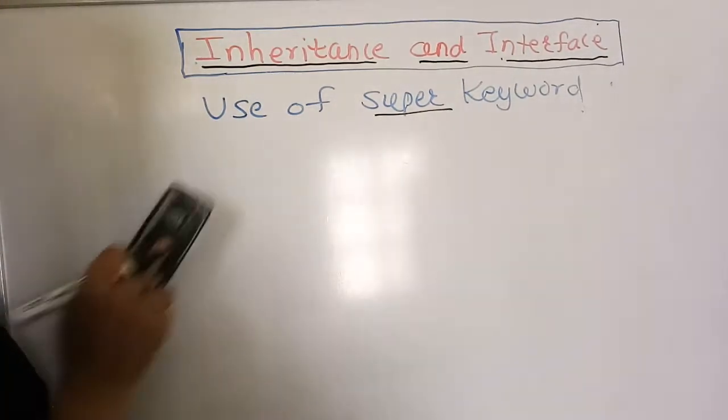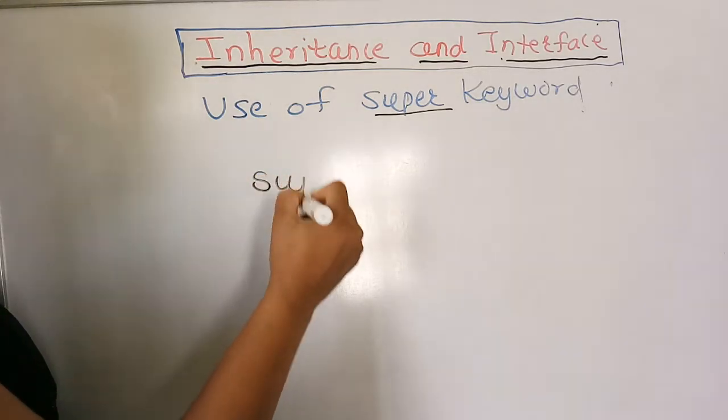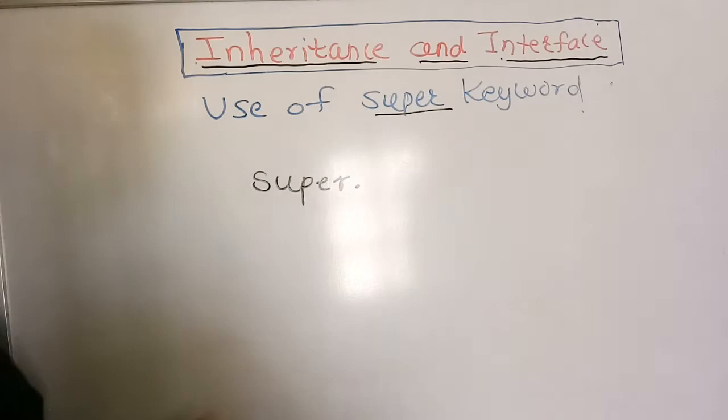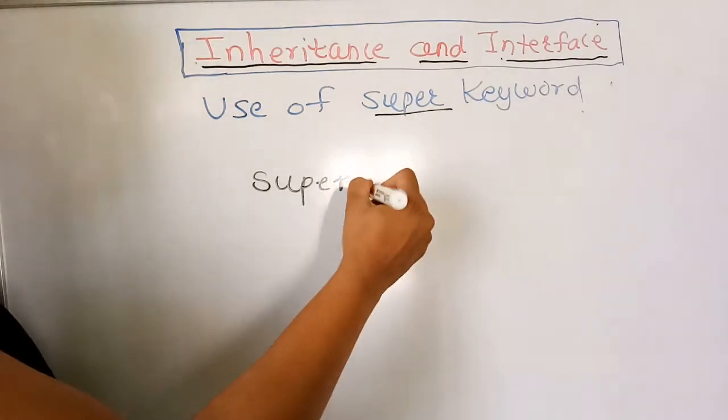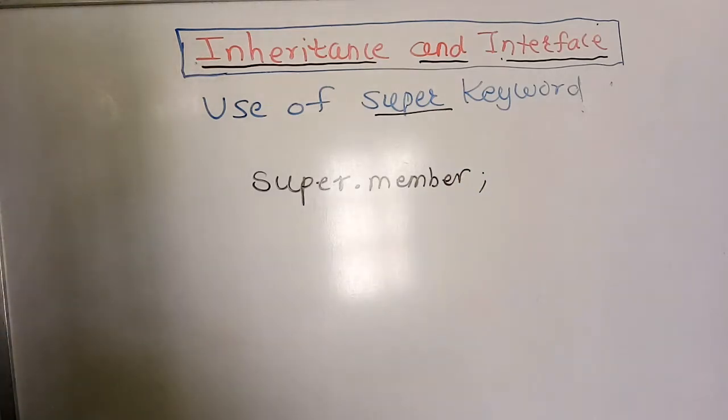So this is the supplementary keyword for this mechanism. How will it be used? It always refers to the superclass of the subclass in which it is used. For example, to access members, write the keyword super, then a dot, then the member name and a semicolon.